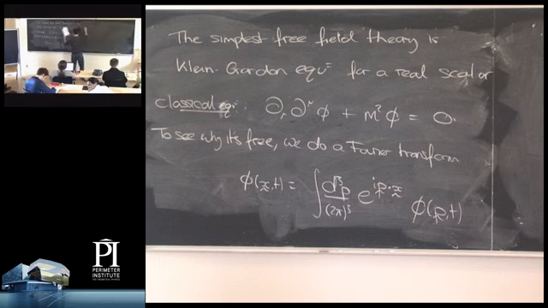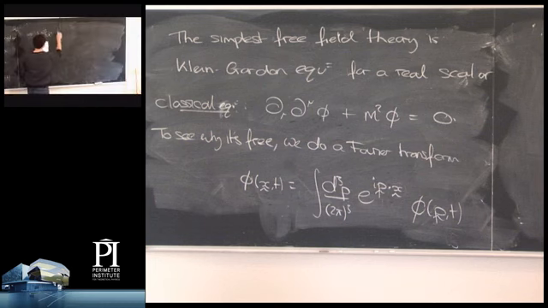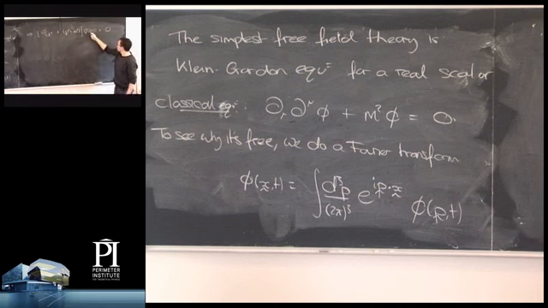Okay, so we take this and plug it into the Klein-Gordon equation. What we get is an equation for phi of p that doesn't depend on any of the other phi of p's. Each of these phi of p's evolves completely independently and has to obey this equation.